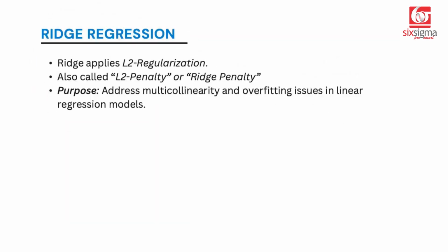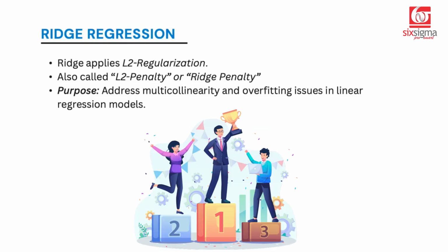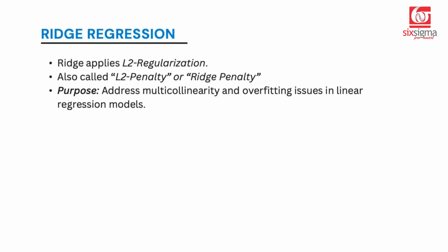First of all, Ridge regression applies the L2 regularization, also known as the L2 penalty or Ridge penalty. It tries to address the multicollinearity and overfitting issues in linear regression models. Now, what is overfitting? Overfitting is a specific scenario where a model does great on the training data. When you show X and Y labels both to the model, your model does extremely well.